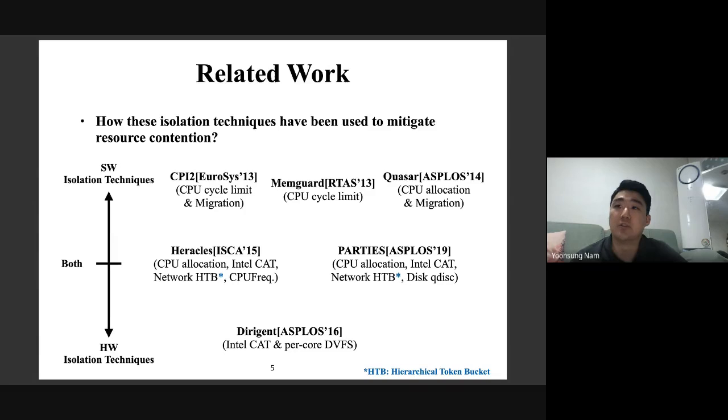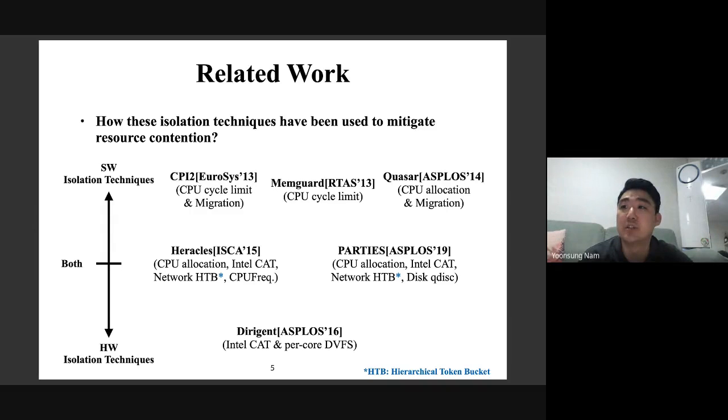They only use software-based isolation techniques, which do not require hardware features. CPI2, MemGuard, and QoS-A are those approaches. On the other hand, there are hardware-only approaches such as Dirigent. And lastly, Heracles and Parties used both isolation techniques.